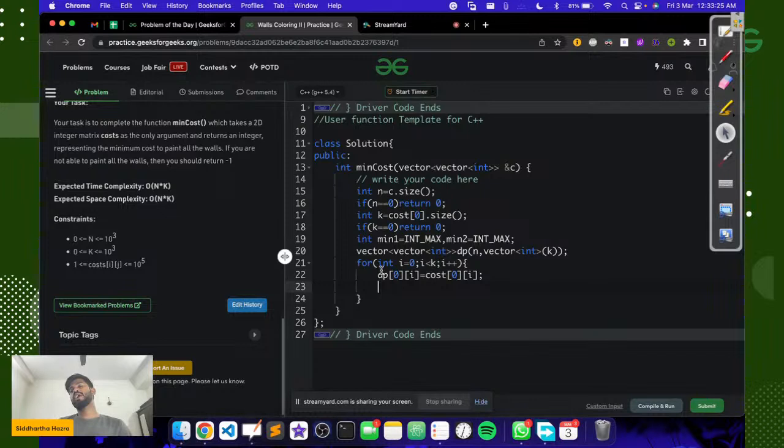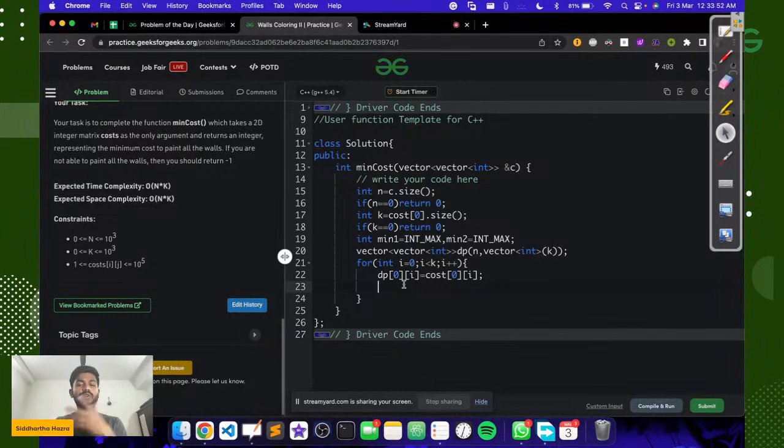Like if I want to color the first wall with red, then there is no previous one. So if there is no previous, we don't have any constraint, so we don't need to consider anything. Just directly assign it. Okay, like it is the first wall and I want to paint it red, so I don't need to look at the previous one. There is nothing before it, red cannot have been used before, because it is the first wall.